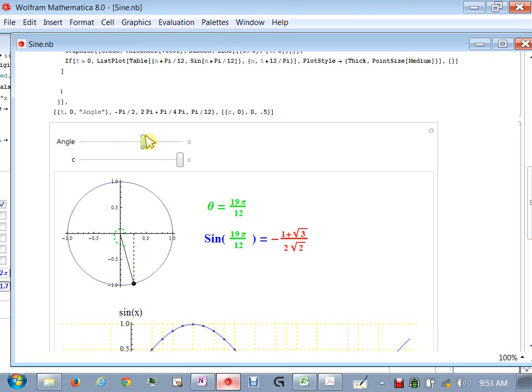Well, it happens right there, right? There's where my y value is -1. That happens at 3 pi over 2. That's one answer. How do I get all of them? How do I get every answer, 3 pi over 2, and all of the rotations that would take me back there? 3 pi over 2, and then add to it 2 pi k, right? 2 pi k.